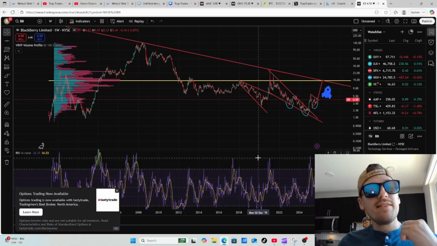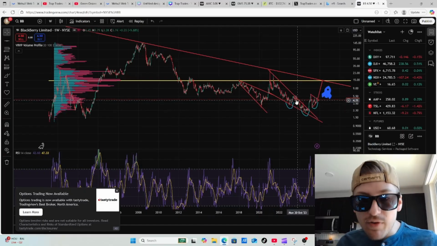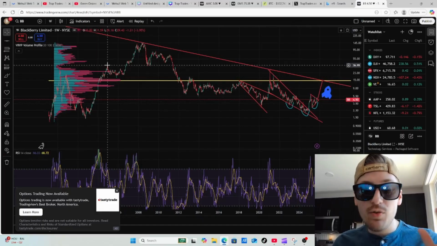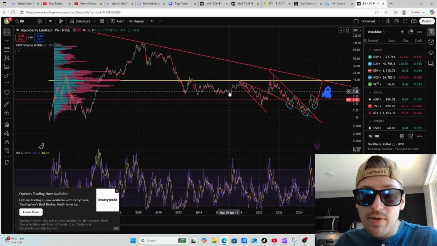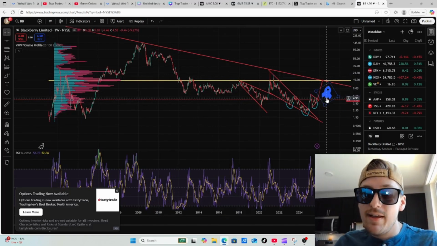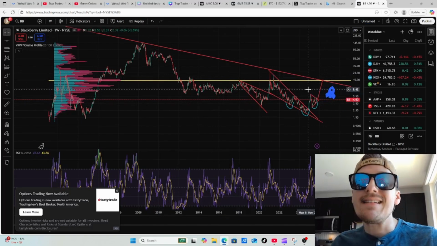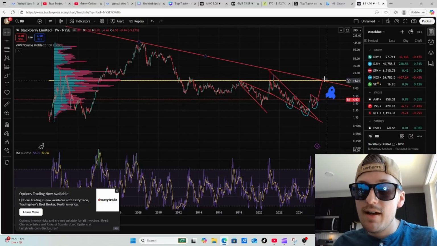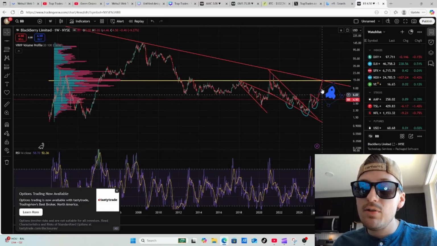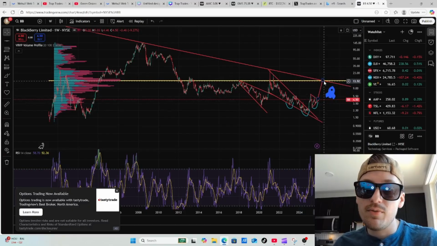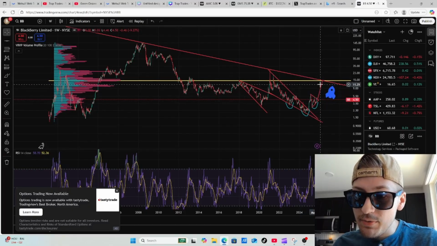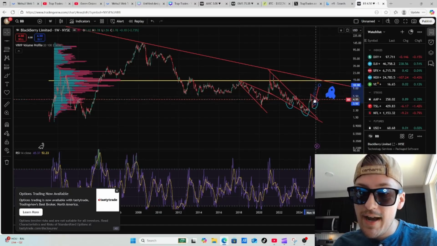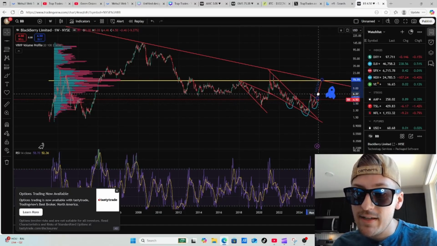But that's not what we're talking about here, right? We're talking about the VRVP, the volume profile of this stock on the macro. I have it on the weekly, zoomed all the way out. And I want to give you guys some contrast here that technical confluence is key for these potential locations in which you look to set as your price target, right? I have a multitude of reasons why I believe BlackBerry can go to $14.